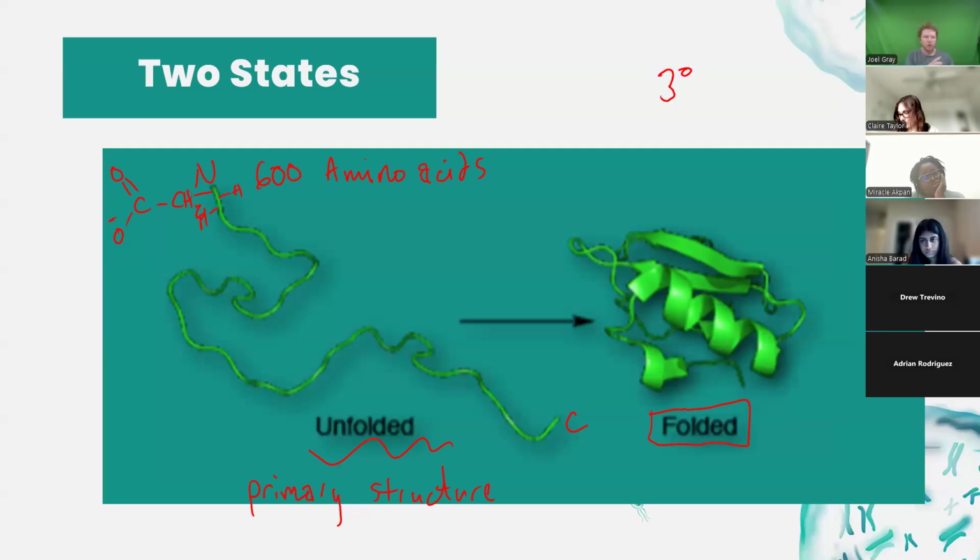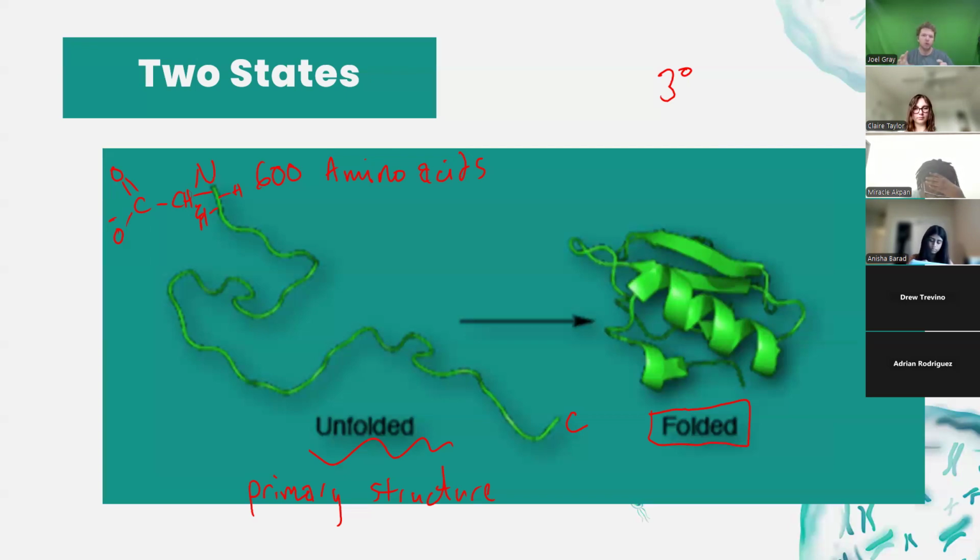So when you look at the unfolded structure of a protein, in that case, it's just a bunch of random coils. But that's basically only your primary structure. The folded structure of a protein includes your primary as well as secondary structures.